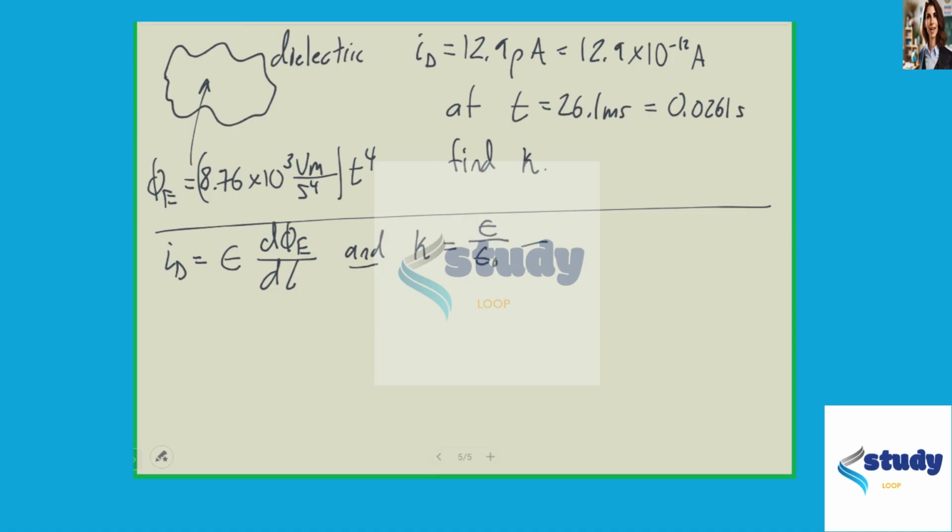So actually, we could just directly get a formula for the dielectric constant by eliminating epsilon here. So, for example, we could write that the displacement current is the dielectric constant times the free space constant times the rate of change of the electric flux.